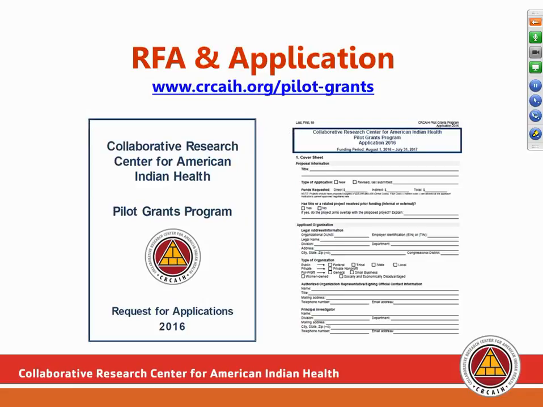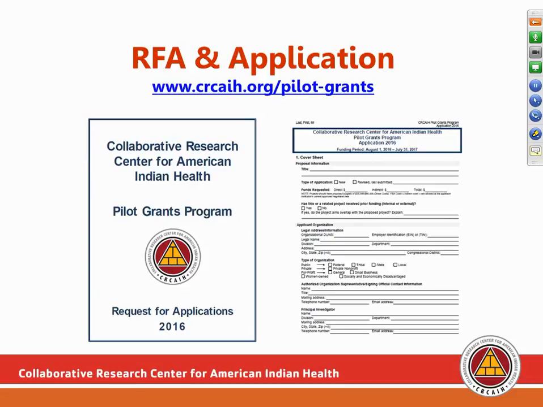So these are pictures of the RFA on the left and the Word document application form on the right that you will type your responses in. I'm sure many of you have visited the website and downloaded these documents needed to successfully apply. These materials have been distributed to over 600 contacts, including tribal health organizations, academic grant offices, and tribal leadership.